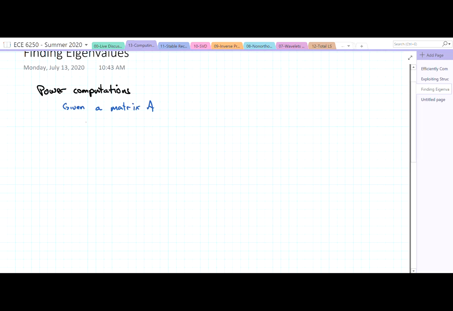The first thing we're going to do is let Q naught be an arbitrary vector in Rn. And we're also going to restrict the 2 norm of Q naught to be 1.